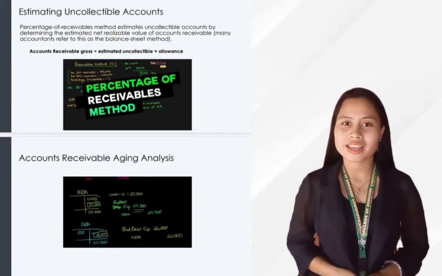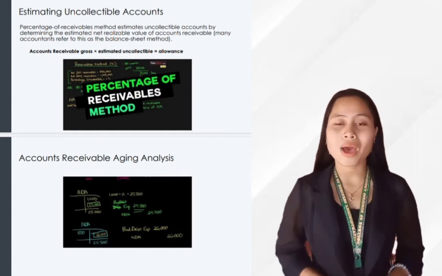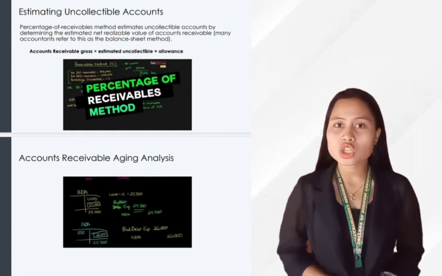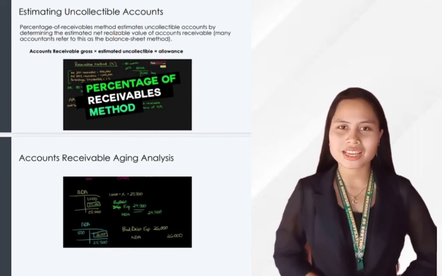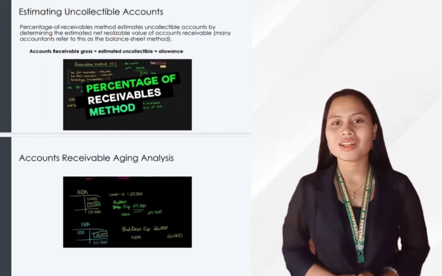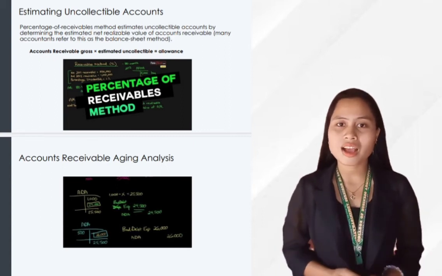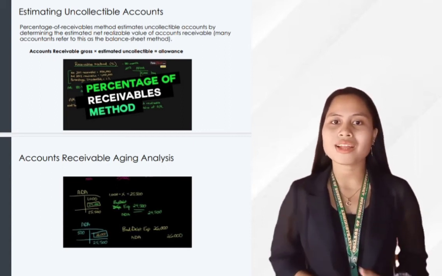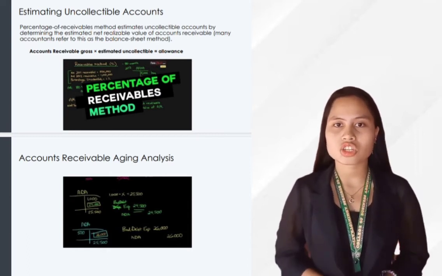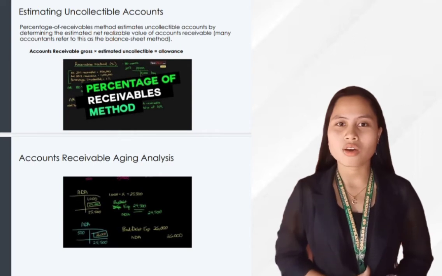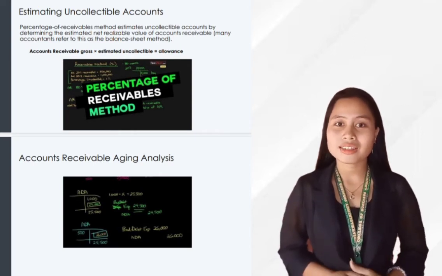First is by setting up a certain percent of uncollectible accounts based on the outstanding receivable. And the second is by aging the accounts receivable. And the last is by setting up a certain percent of uncollectible accounts based on credit sales. So that's the three ways of estimating uncollectible accounts.